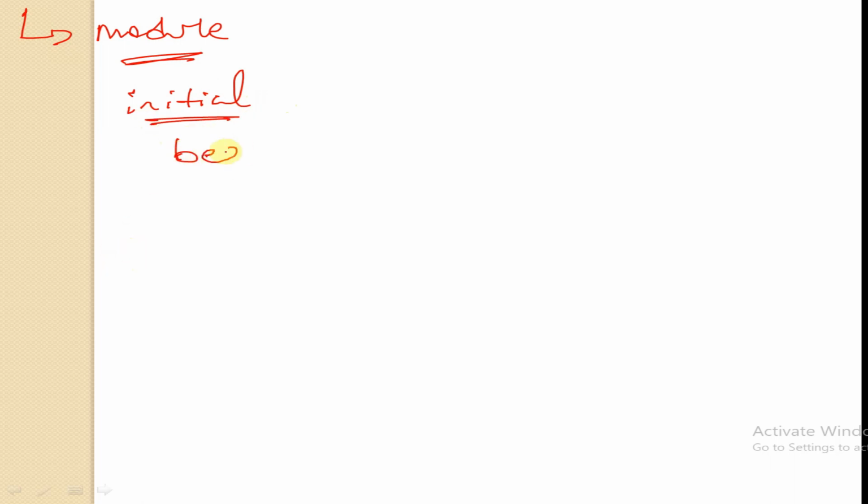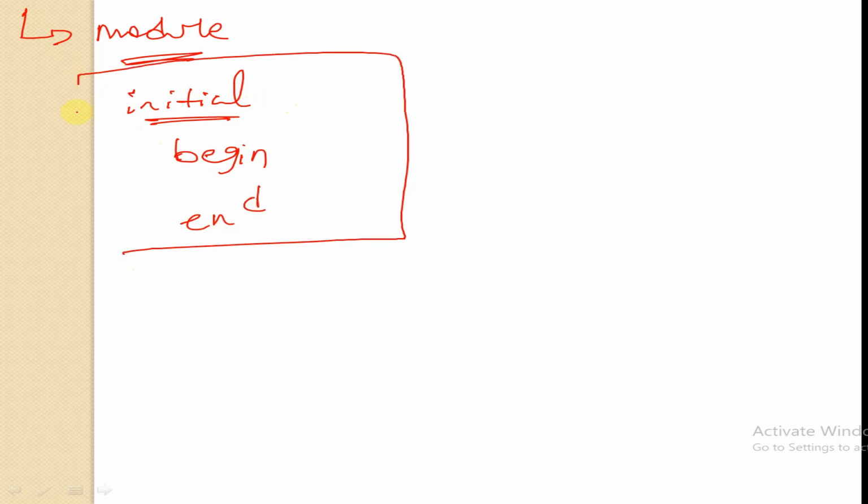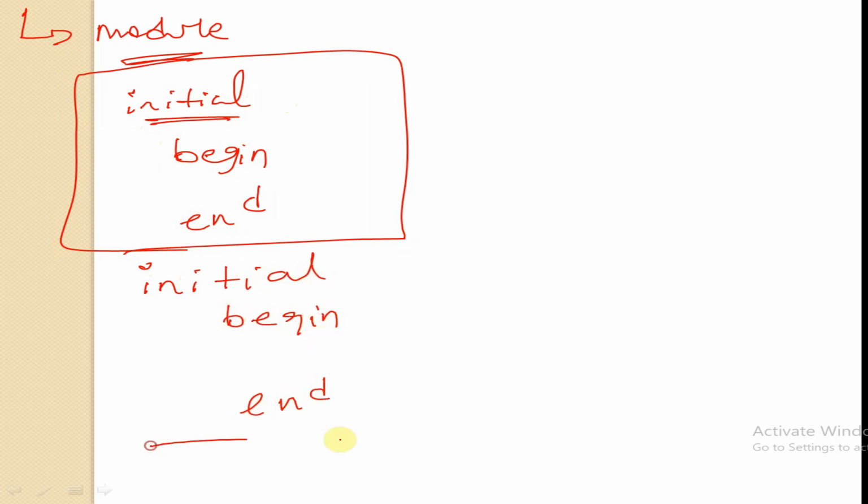So if in our module there are, say, initial, this is one initial block, let's say I'm using begin end. This is one initial block in my module, and this is a second initial block, begin end.